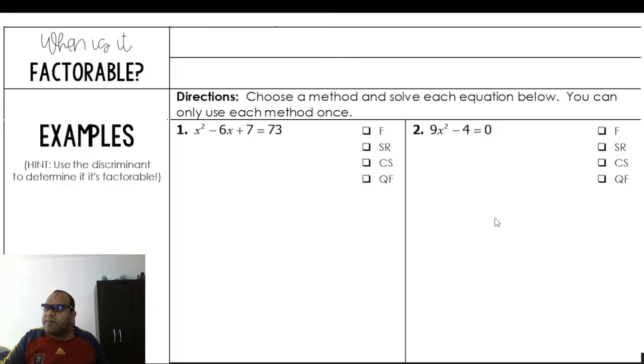Great. Here, attention, we have an extra thing. When do I know whether the equation is factorable or not? The equation is factorable if its discriminant is a perfect square. Remember the discriminant, guys?